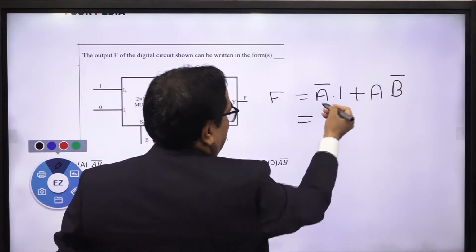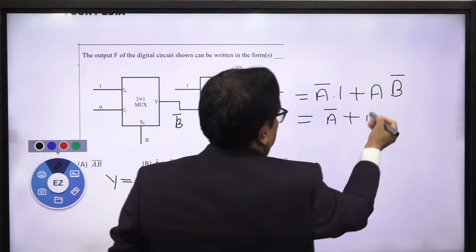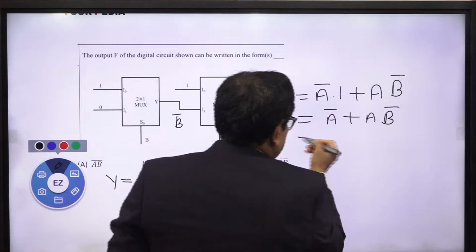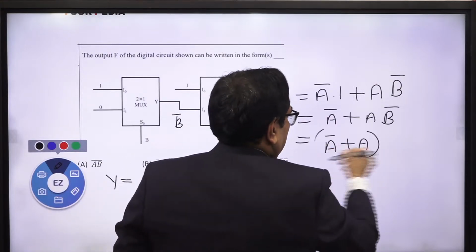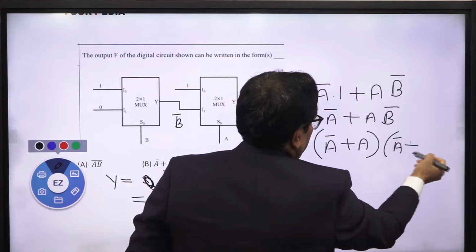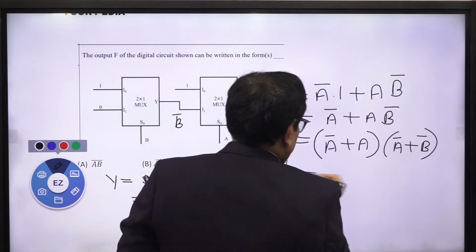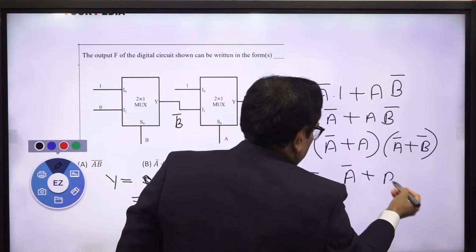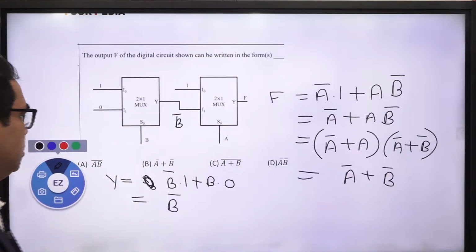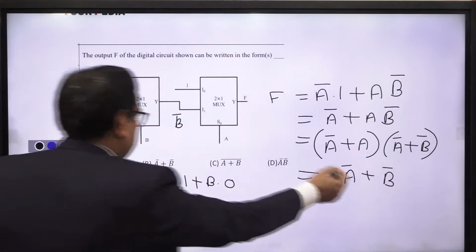So it is A bar plus AB bar. Now using the distributive property, you can write it as A bar plus A, into A bar plus B bar. A bar plus A is 1. So A bar plus B bar. This is the answer, A bar plus B bar.